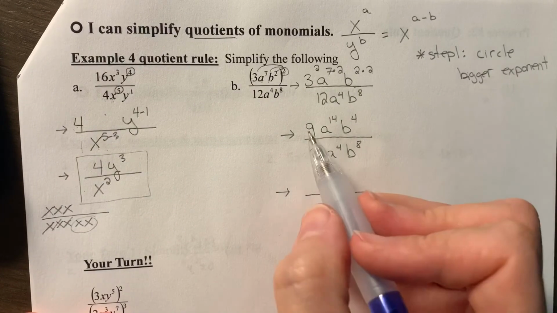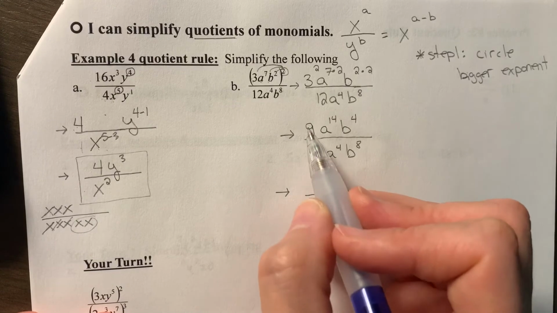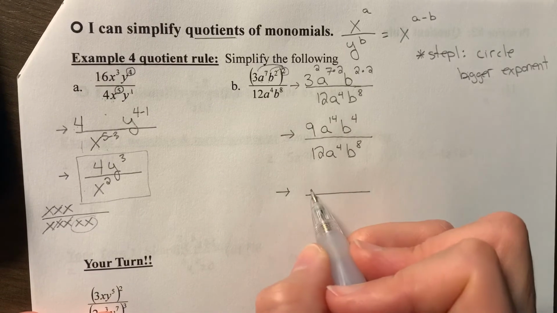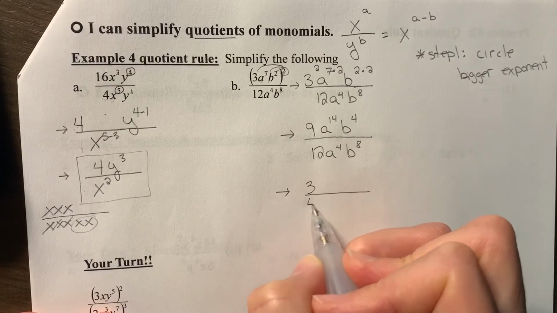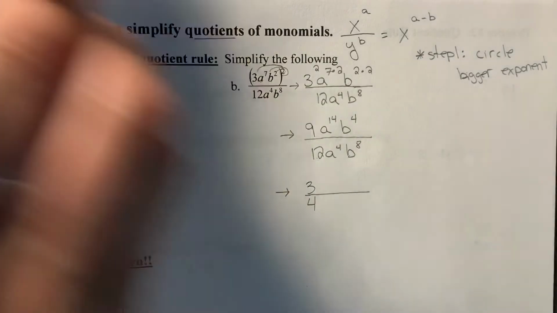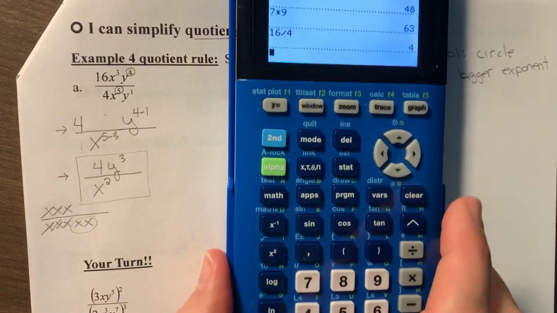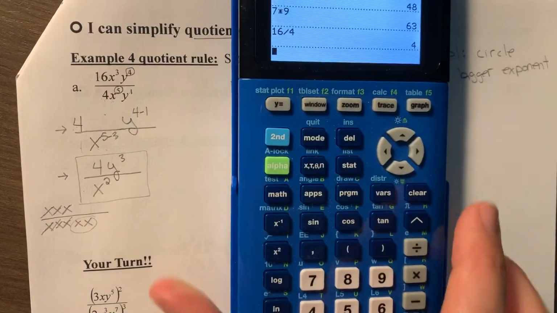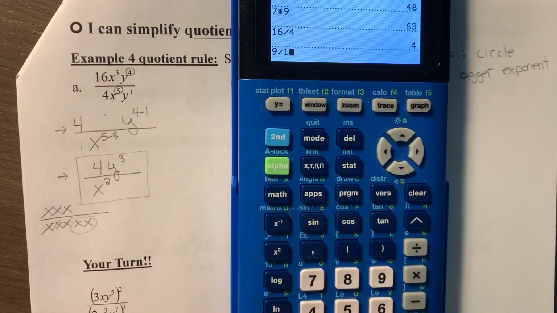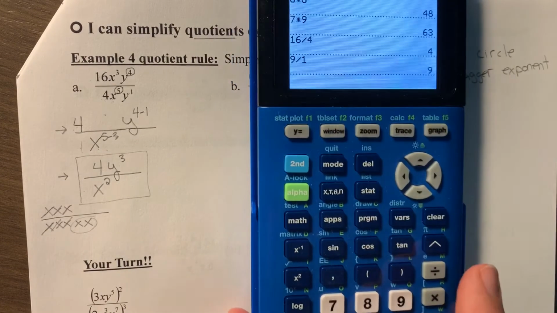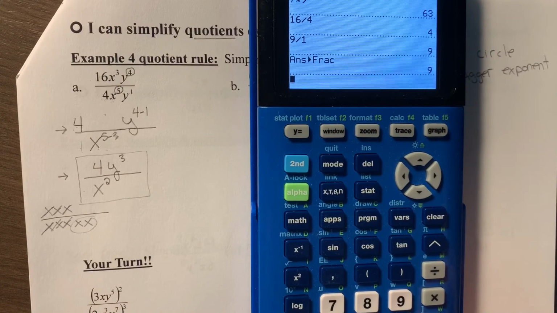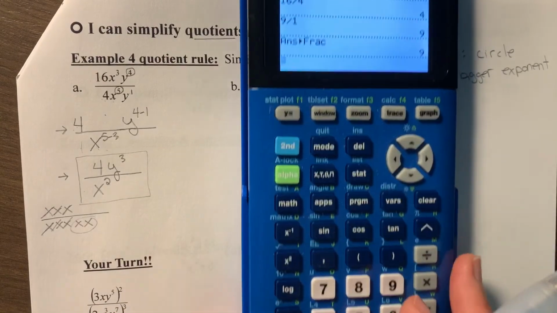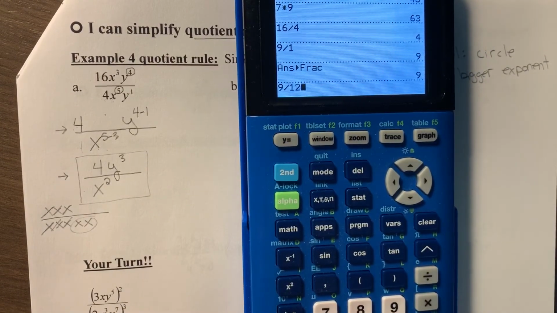Okay, fraction bar. 9 over 12. 3 divides into 9 evenly 3 times. 3 divides into 12 evenly 4 times. Again, if I don't realize that, I'm going to punch in 9 divided by 12. And then I'm going to hit the math button. Enter, enter. Oops, I did that wrong. Let's try that again. 9 divided by 12.